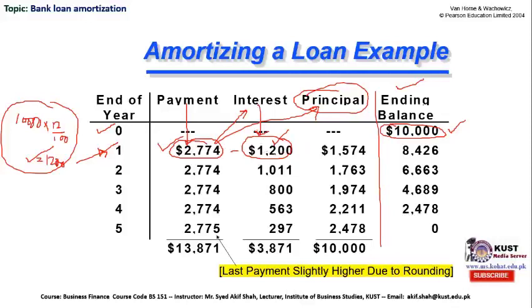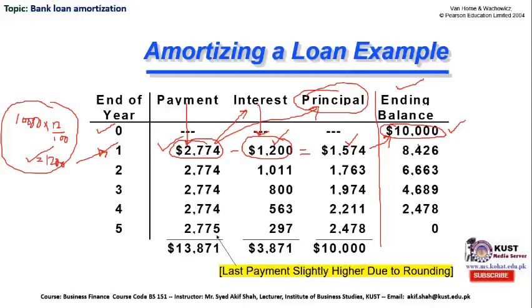So you can simply subtract interest from the payment amount and you will get the principal amount that needs to be settled in your remaining outstanding balance. So it is 1,574, by subtracting interest from your payment amount.